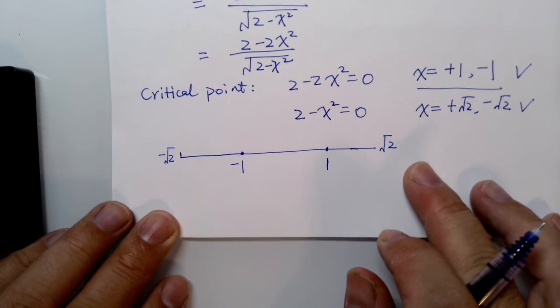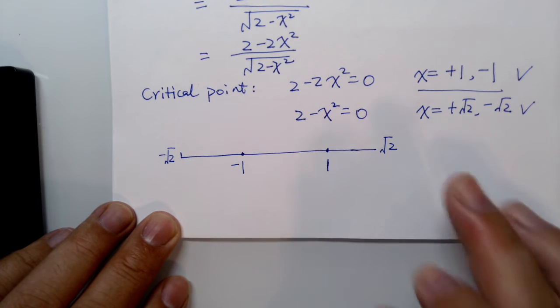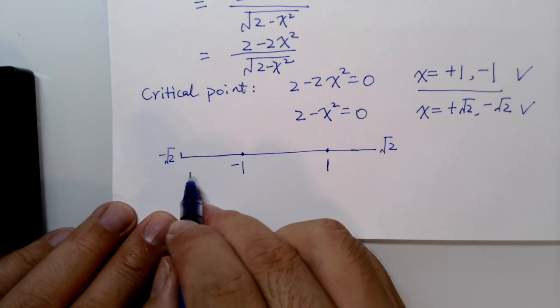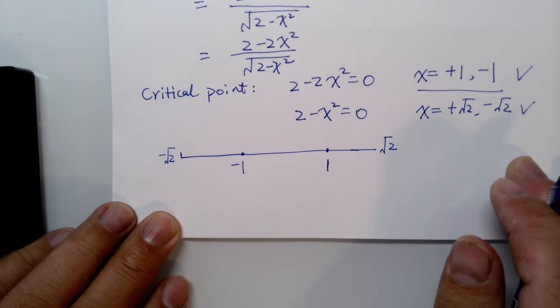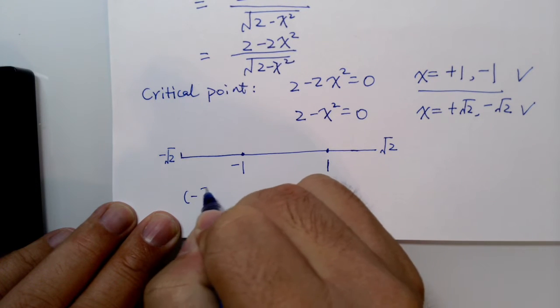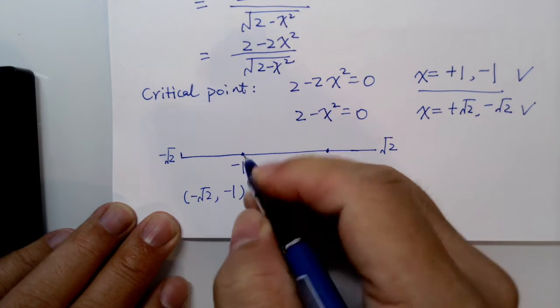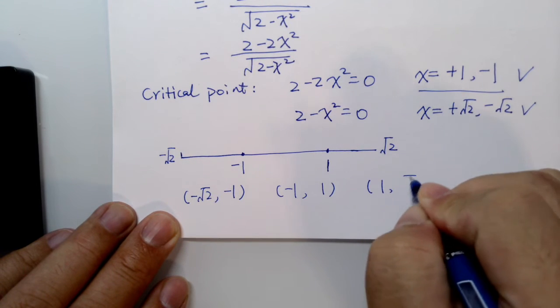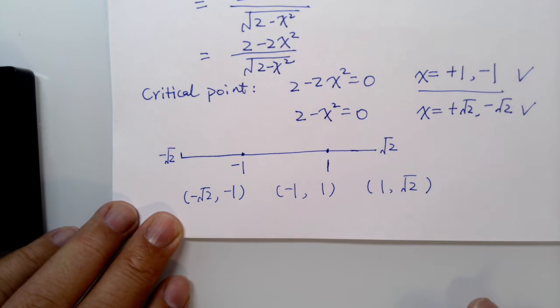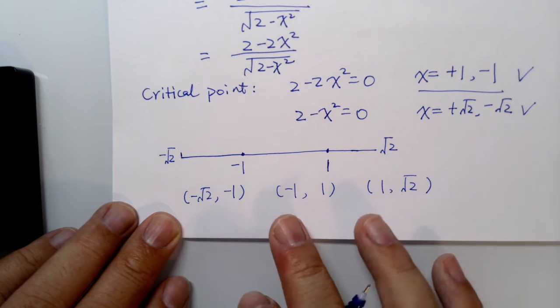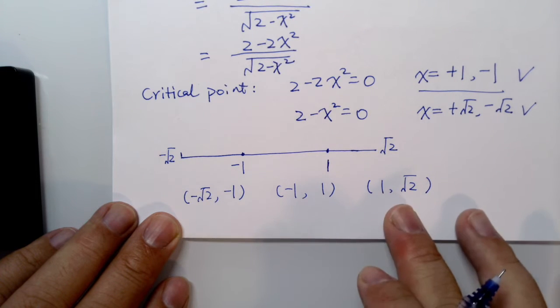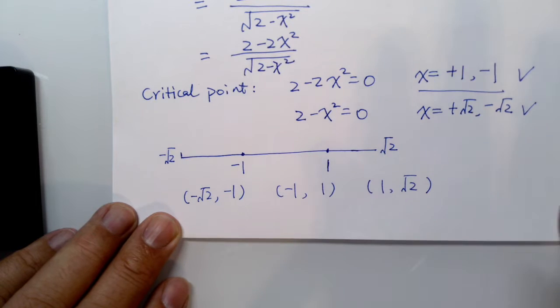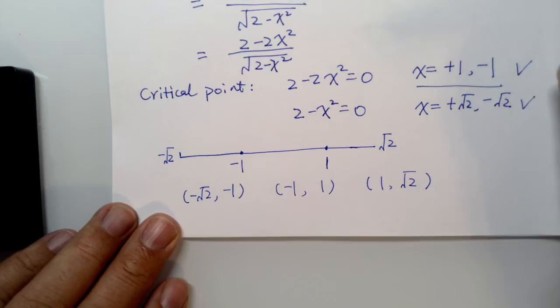Along with what we have so far, we need to determine the 3 intervals: from negative square root of 2 to negative 1, then from negative 1 to 1, and then from 1 to square root of 2. We need to determine whether those 3 intervals are increasing, decreasing, or increasing. Okay, so that's our work for the first problem.